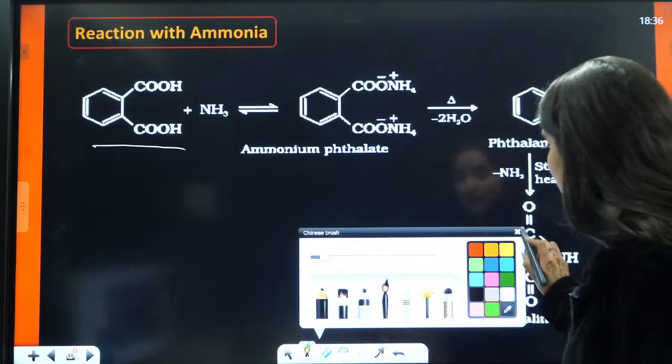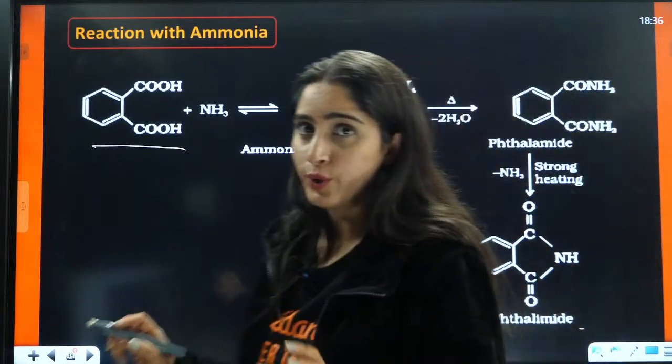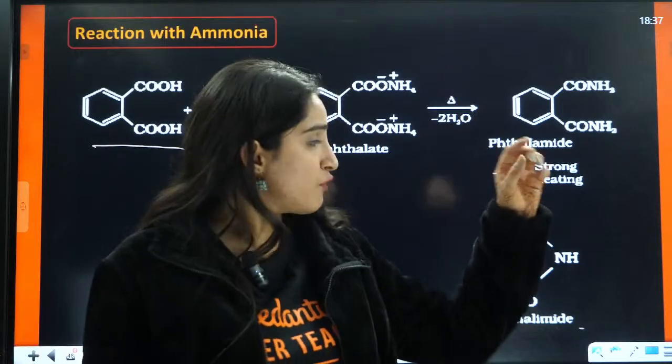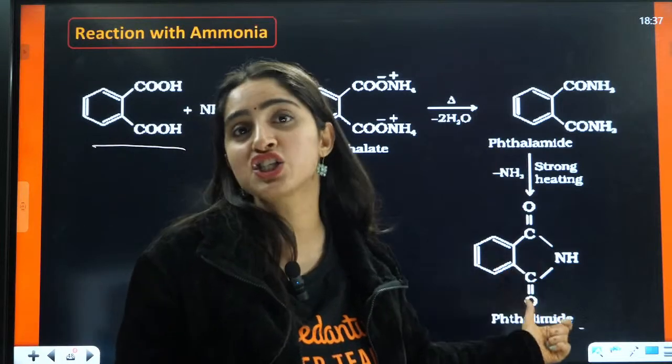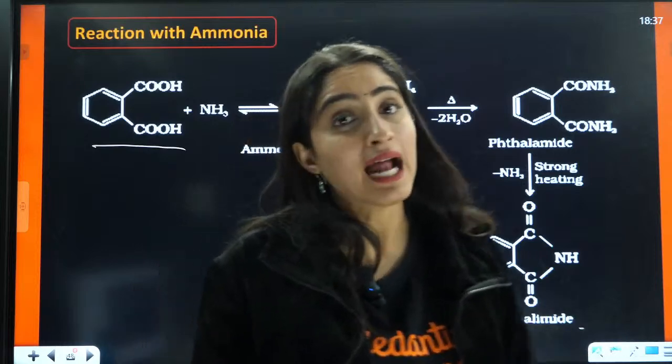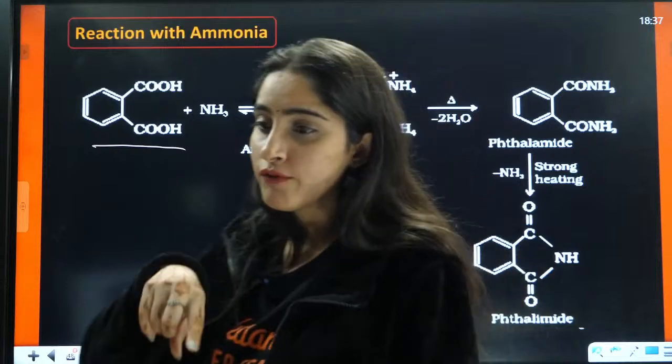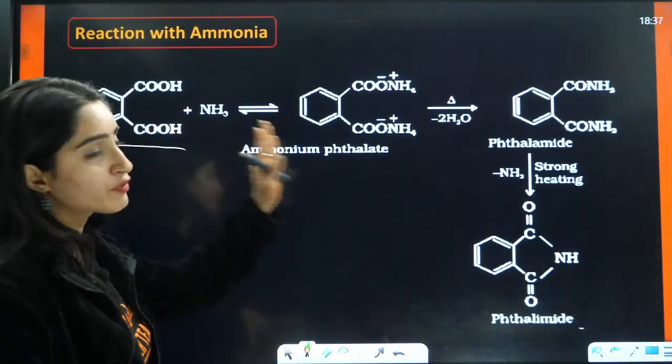This phthalimide will be of very high usage for you, because we have a reaction called the Gabriel phthalimide reaction, and this is the initial product of that reaction. That is why this reaction also becomes very important for you.